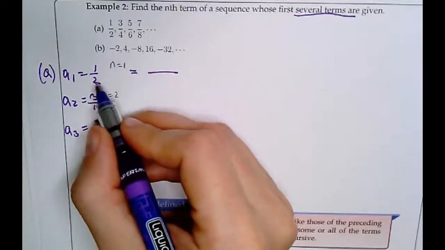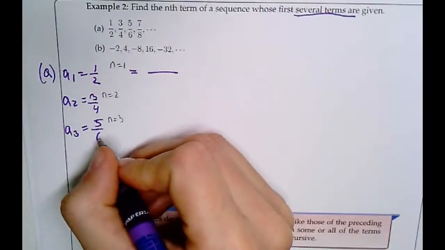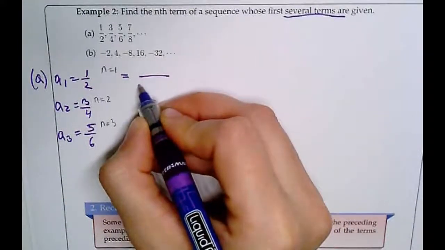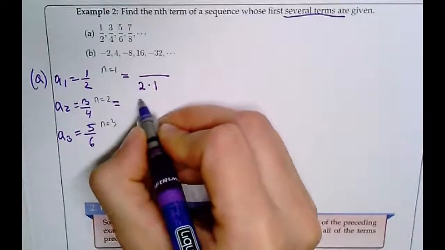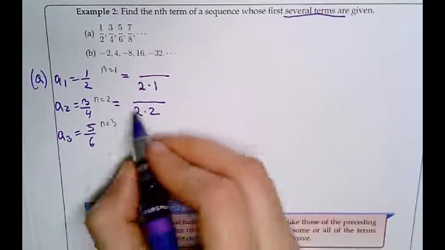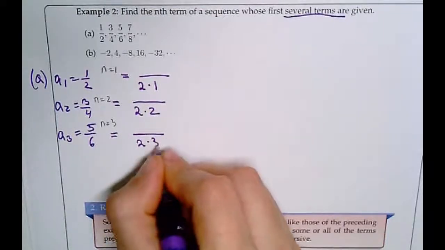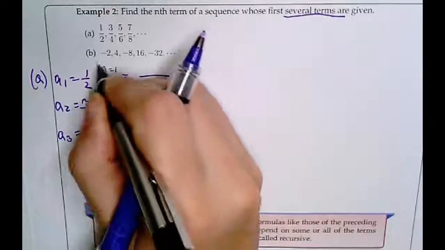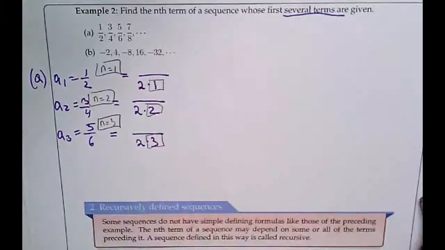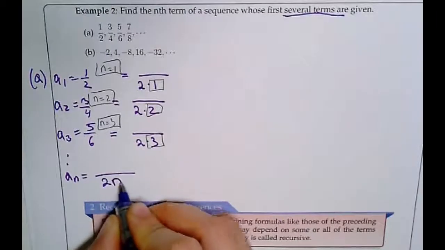So 2 is 2 times 1, 4 is 2 times 2, and 6 is 2 times 3. So notice that the 1 represents my n. So in general, my a_n term should have denominator 2 times n.